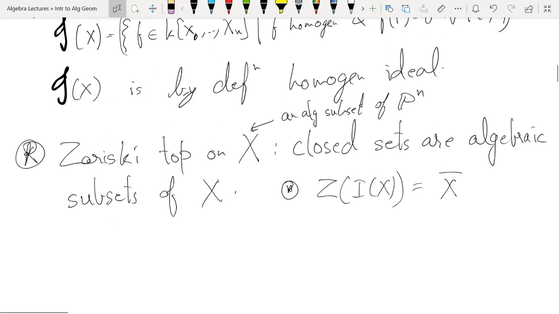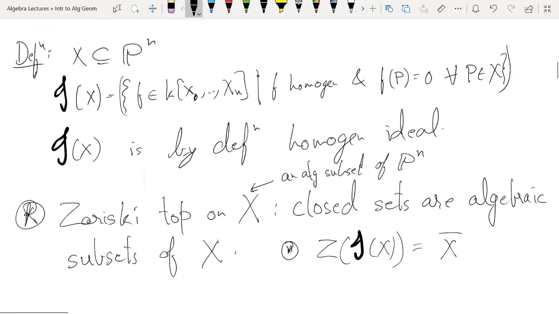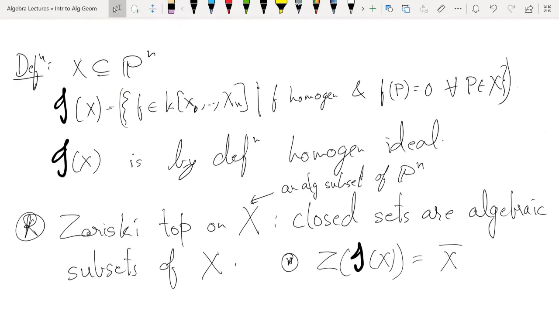And note that like in the affine case, Z of I of X is the closure of X. So if X is not really an algebraic subset, if it is some arbitrary subset of Pn, and you take Z of I of X, then what you get is the closure in this topology, the Zariski topology.